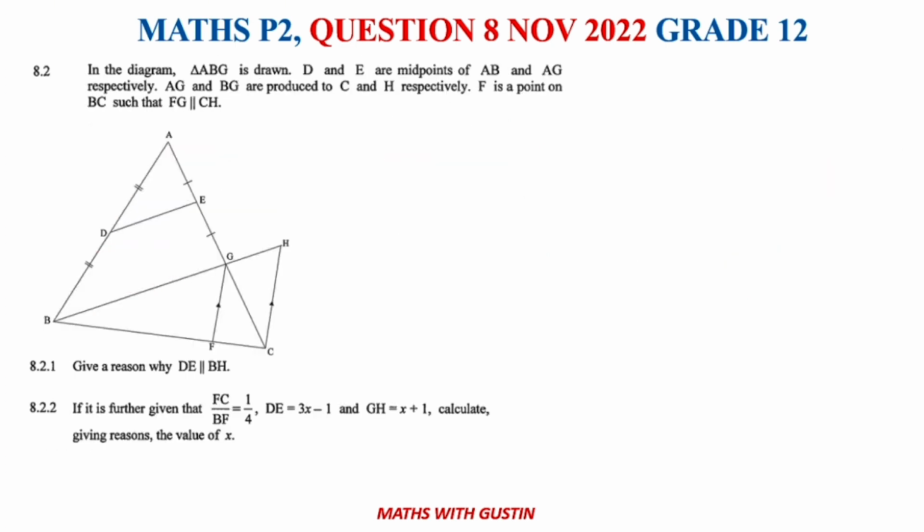So now let's have a look at 8.2. It says that in the diagram, triangle ABG is drawn. We can see the triangle ABG where D and E are midpoints of AB and AG respectively. It's also marked here. Then they said AG and BG are produced to C and H respectively.